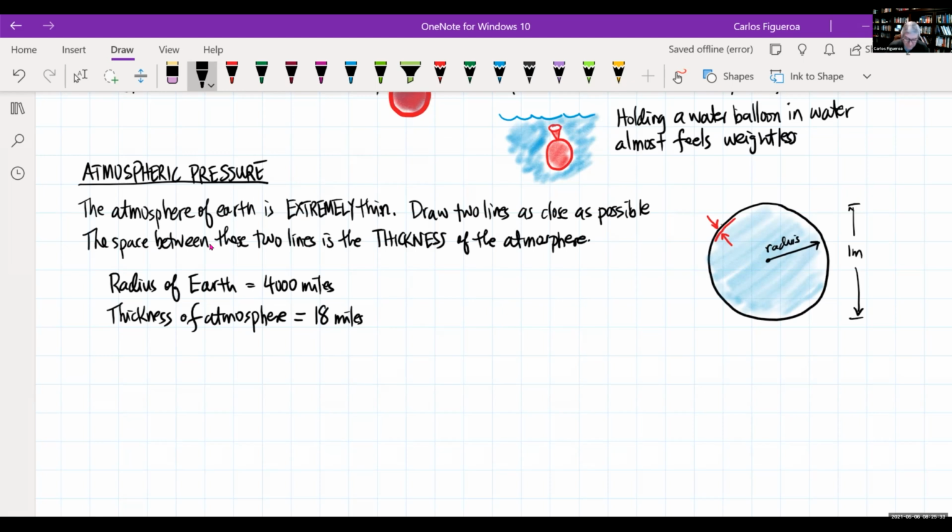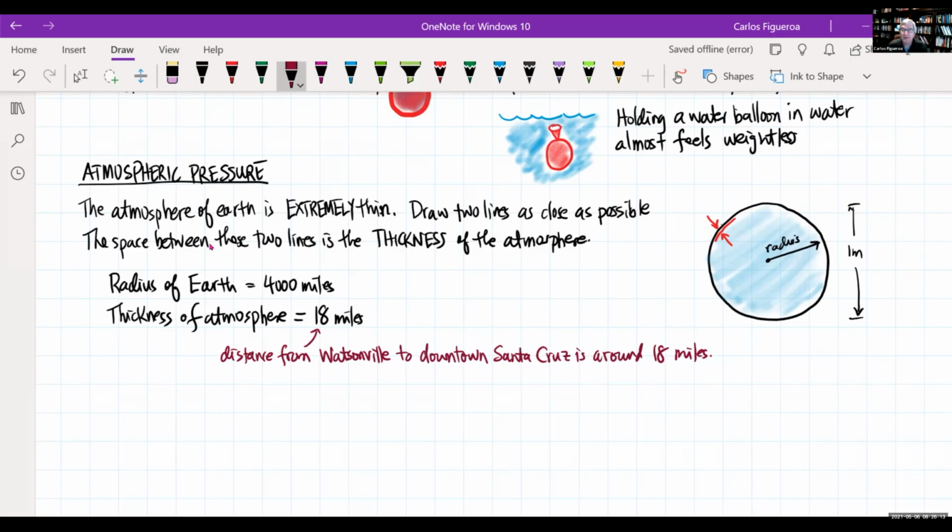Just to make sure that we're clear, what do I mean by 18 miles? The distance from downtown Watsonville to downtown Santa Cruz is around 18 miles.